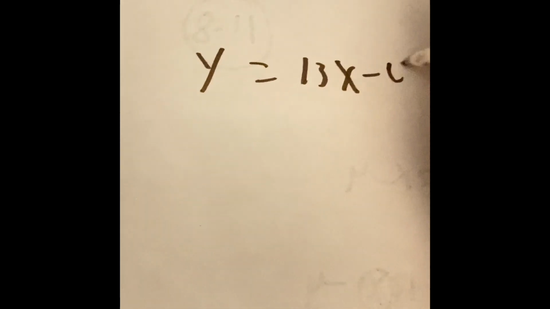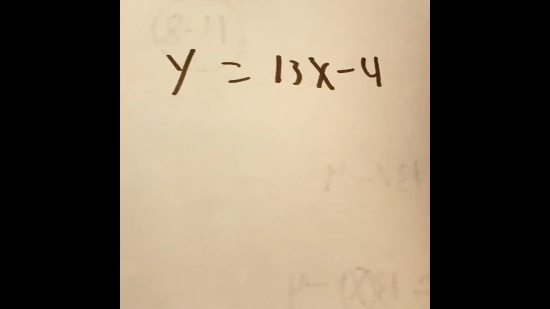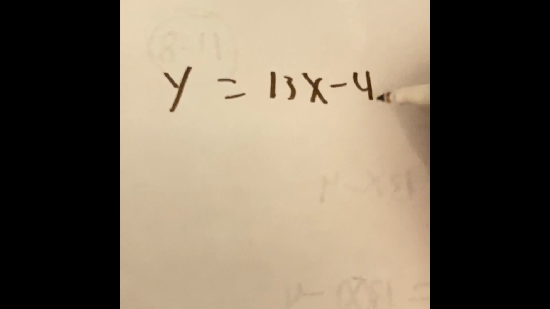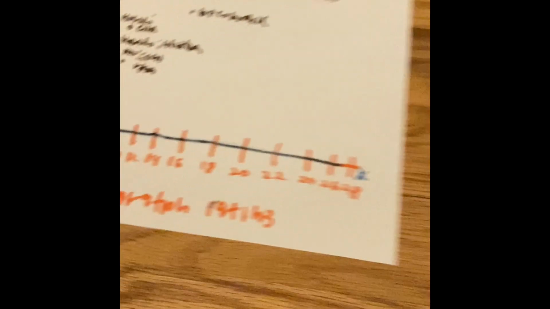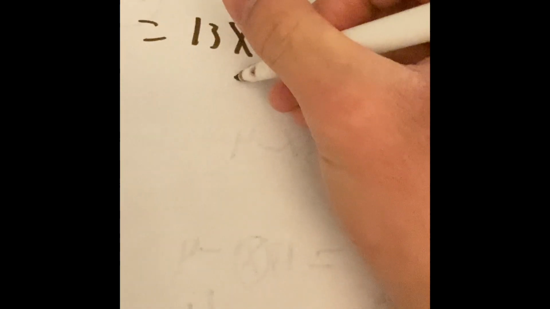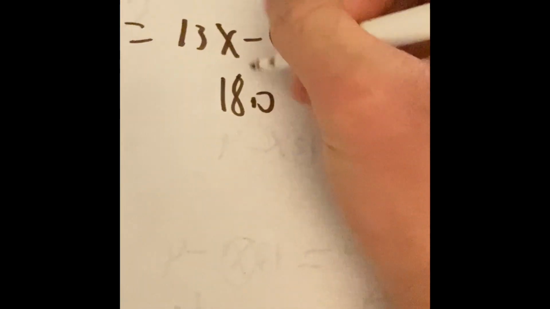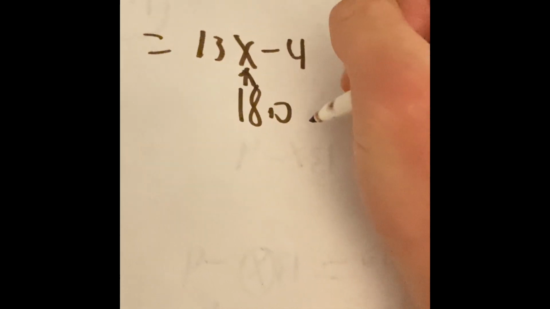We rewrite the problem, y equals 13x minus 4, because it's a good habit to get into. Since the acceleration rating is your x variable, and it's 18.0, we're going to put 18 right here.